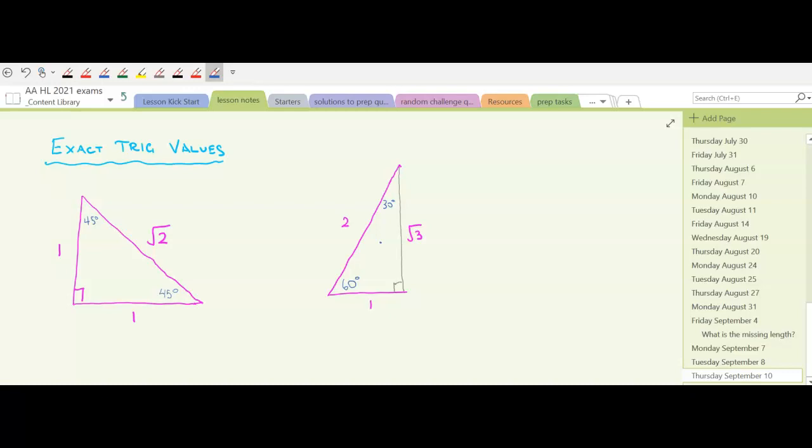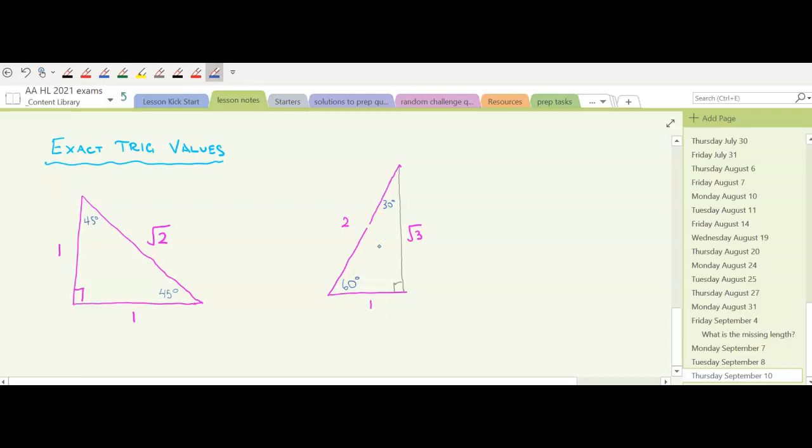So if you just get a little practice at drawing these, when you're doing a paper that's going to use these values, I always find investing 15 seconds in drawing these two triangles means you're not using up working memory with memorizing, and quite often incorrectly memorizing, exact values, when you can just lean on the isosceles right angled triangle and the half equilateral triangle, because they bring out the 30, 60 and 45s that you need.